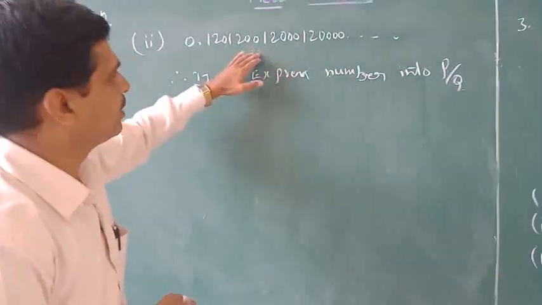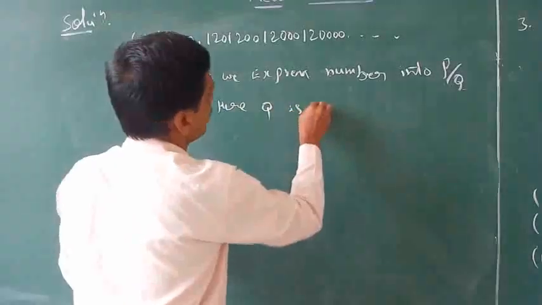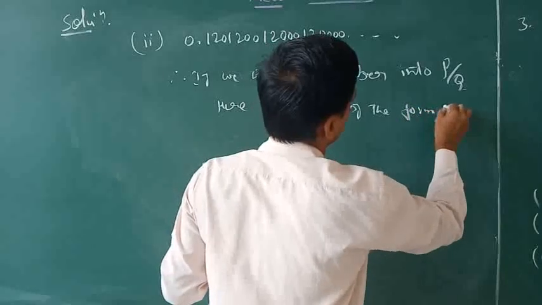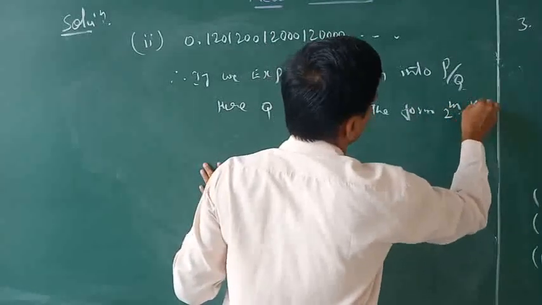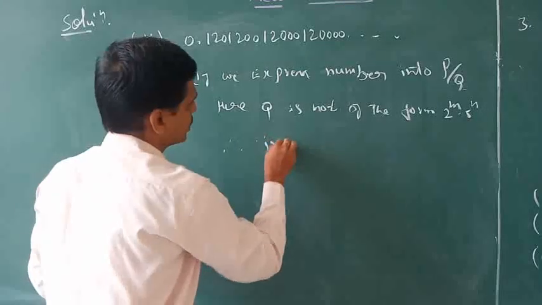So if q is not of the form 2 to the power of m into 5 to the power of m, therefore the given number is irrational.